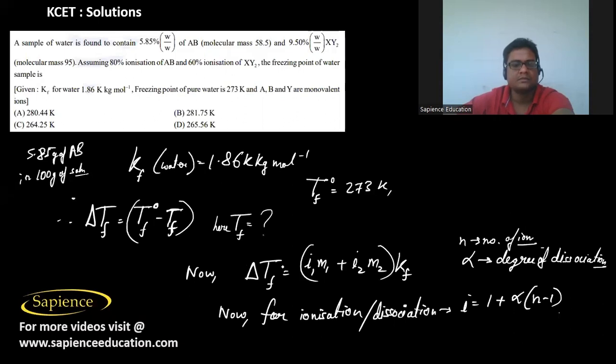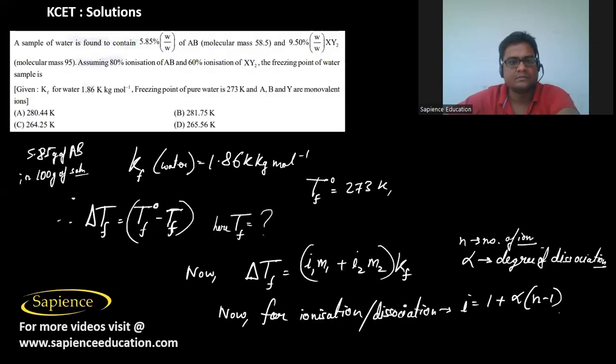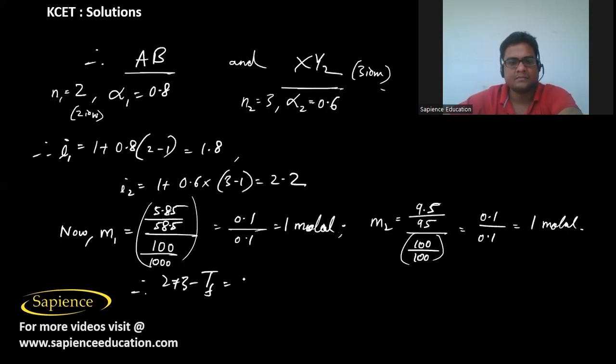That is 1.8 into 1 plus 2.2 into 1, into 1.86.